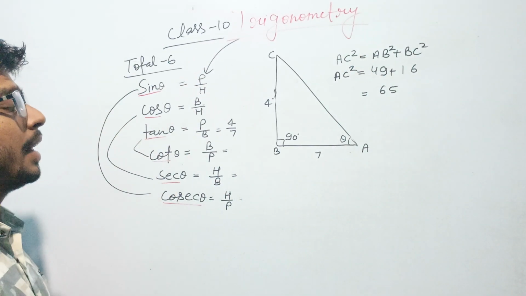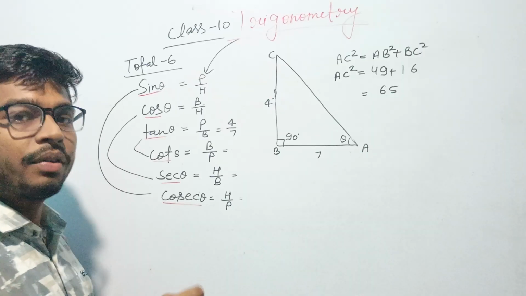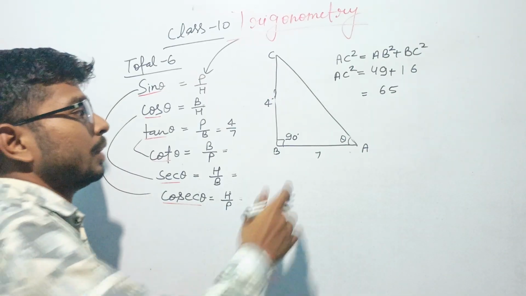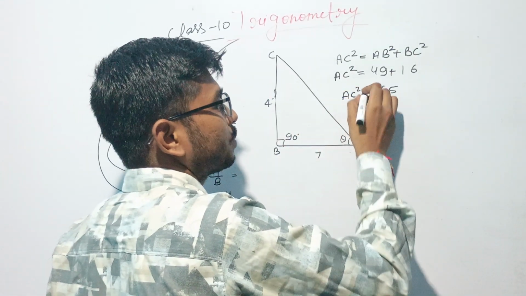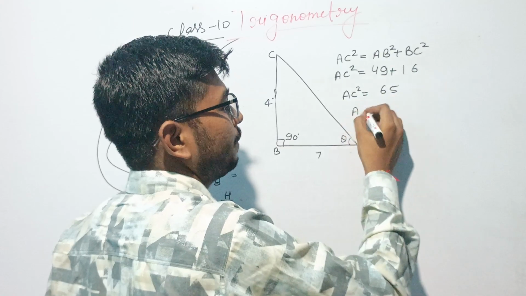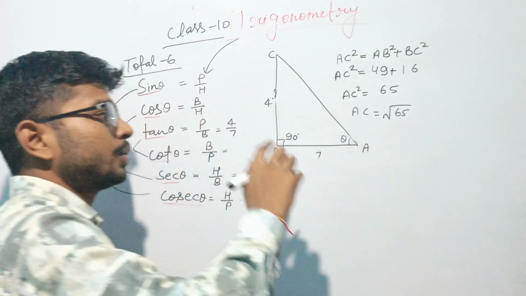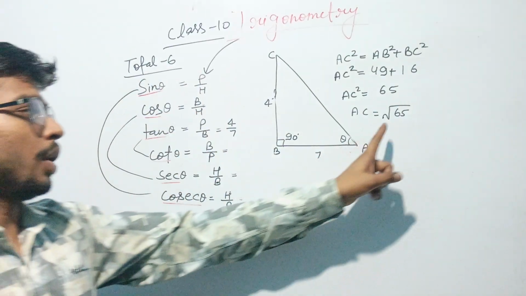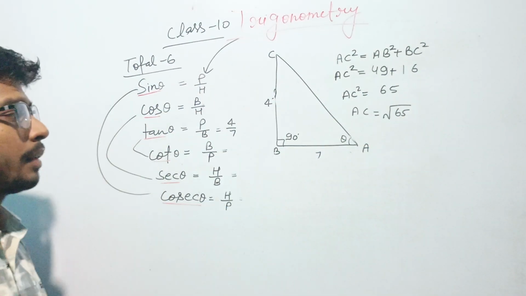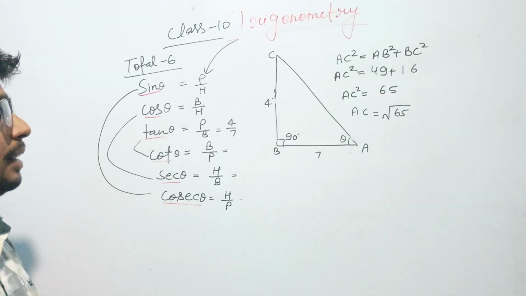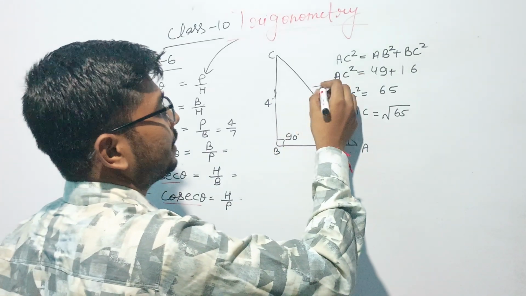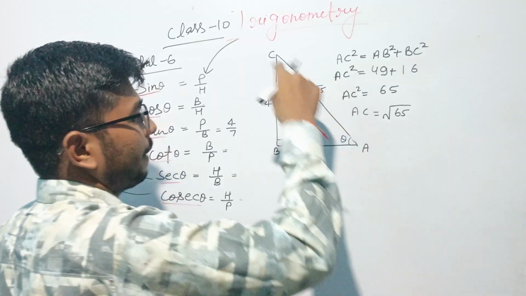So 65 is AC square, but we have to find AC, not AC square. So AC square is equal to 65, so AC will be under root 65. Here is a square, so you have to remove the square and put under root. We got AC: this length is under root 65.